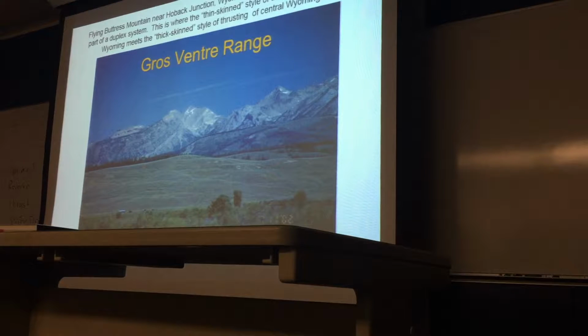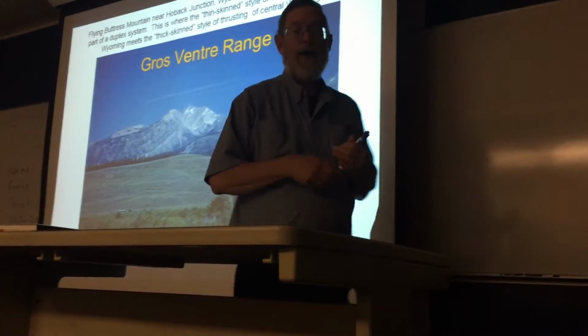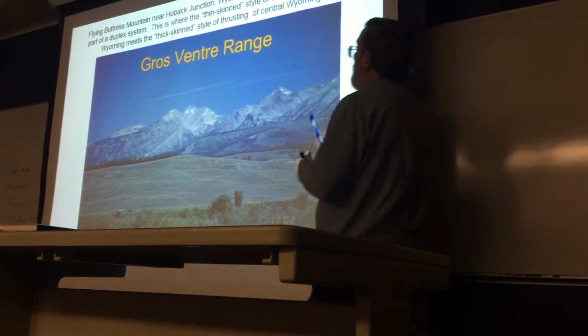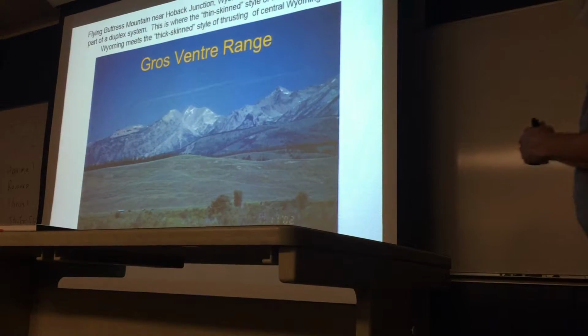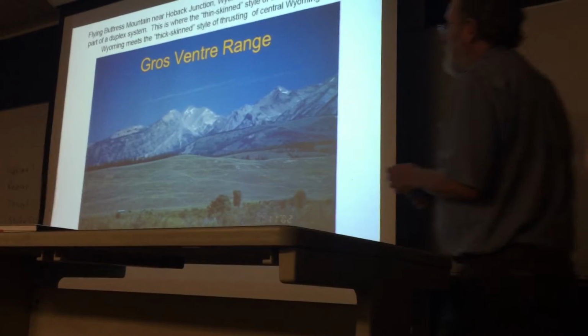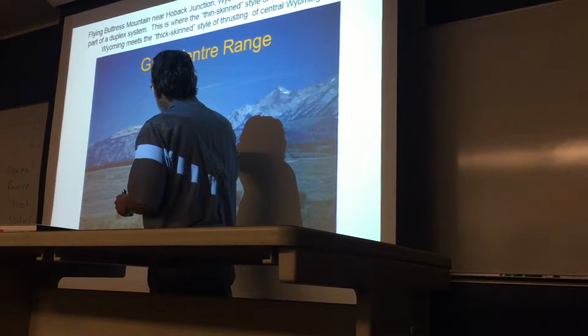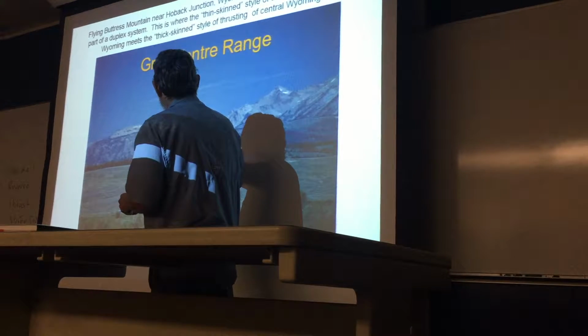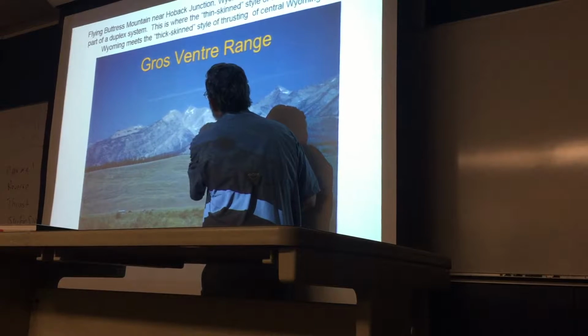Now, thrust faults can take on all types of different appearances. This is the Grovant range and that particular fault. This is near Hoback Junction in Wyoming, just to the south of Jackson, Wyoming, and it has a bend. See this bend right here? This is part of the fault, and the fault plane itself is right there.